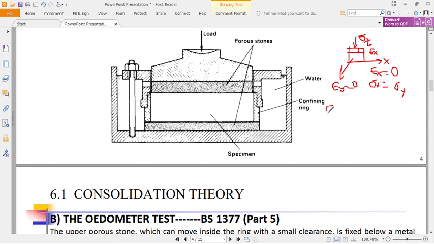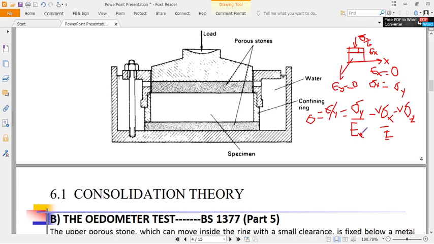So for the deformation, the strain in Y is equal to stress in Y divided by Young's modulus, minus Poisson ratio times stress in X, minus Poisson ratio times stress in Z. But we say that this is equal to 0. Now this is over E, Young's modulus.